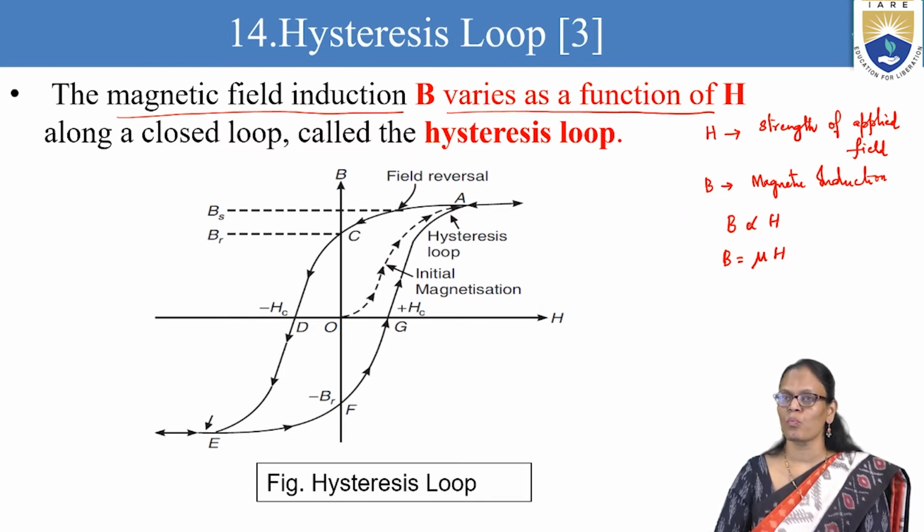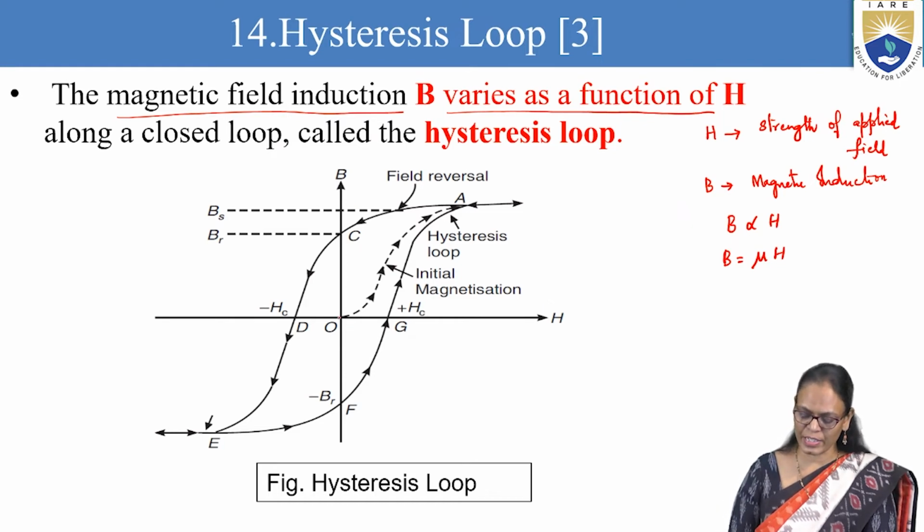What we observe when we plot a graph of H versus B: H, the applied magnetic field, is along the x-axis, and B, the magnetic induction, is along the y-axis.